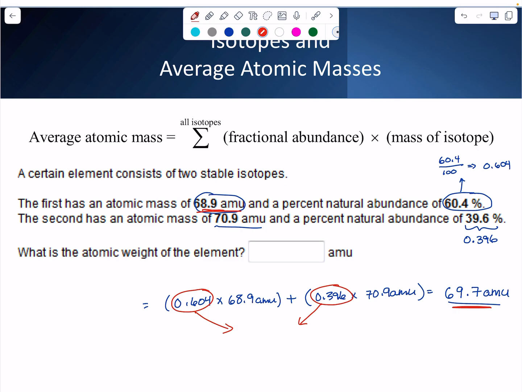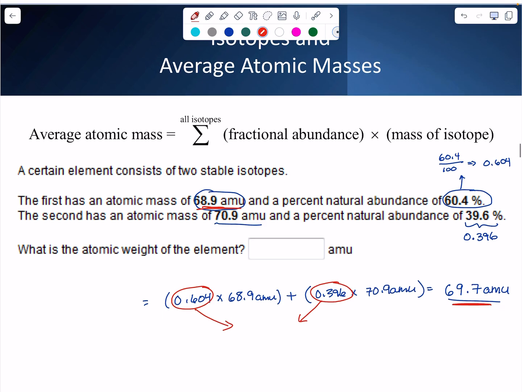So you can imagine that the abundance of each isotope is a piece of a pie, and that all of the isotopes that are considered in our average atomic mass or that exist have to equal one whole pie. Okay, so let's just do a check on that. We have 0.604 plus 0.396, and those do in fact add up to 1.